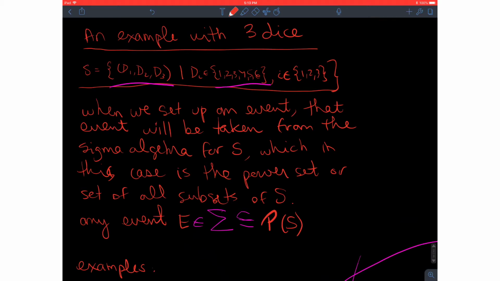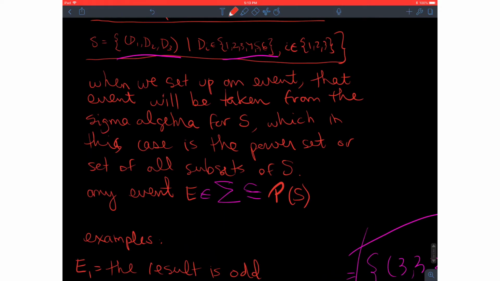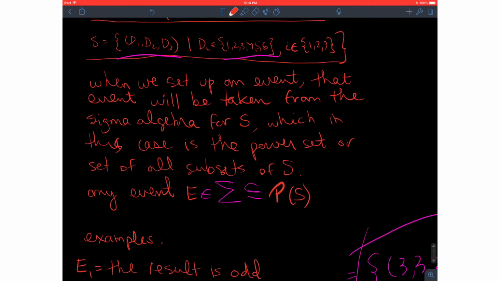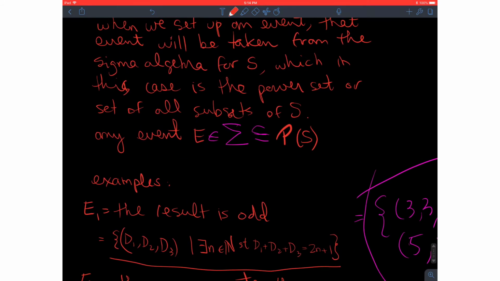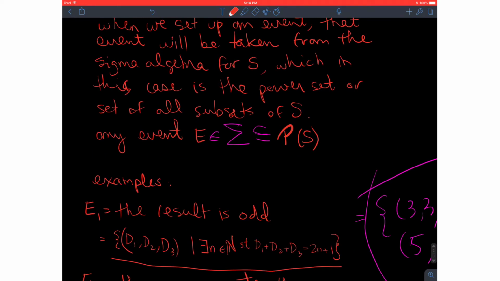There are cases where the sigma algebra could be smaller, but that's not something we're going to talk about. So when we set up an event, that event will be taken from the sigma algebra for S, which in this case is the power set, the set of all subsets of S. So any event E is in the sigma algebra, which is a subset of the power set of S. Again, there's a lot going on here, but really the main focus is we need a formal space to define events in.